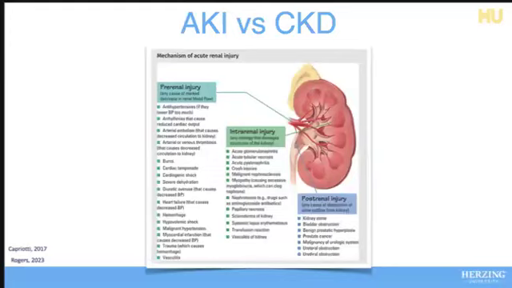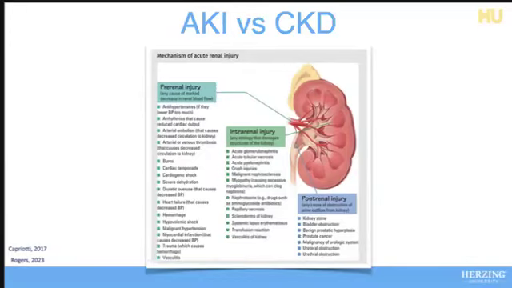So the staging system categorizes the severity of the AKI based on changes in the serum creatinine levels from baseline, and accounts for patients on dialysis. Higher stages indicate more severe kidney injury and worse outcomes.